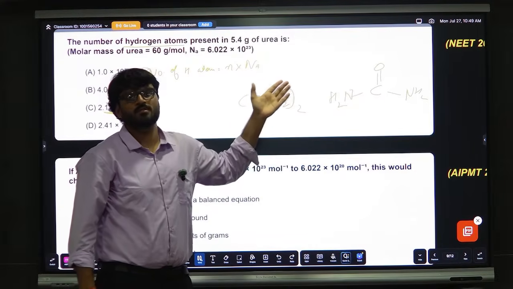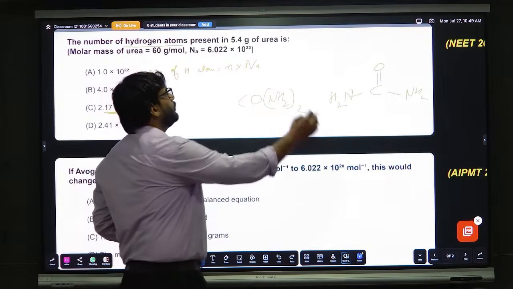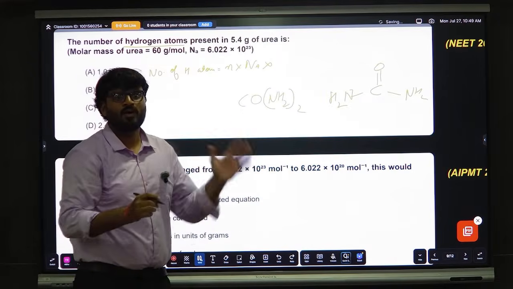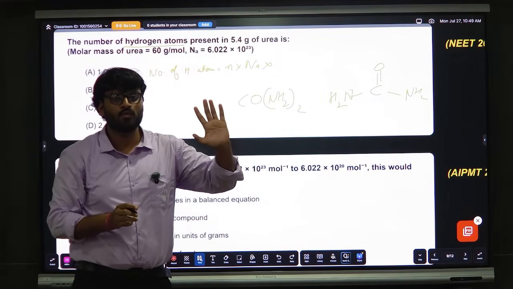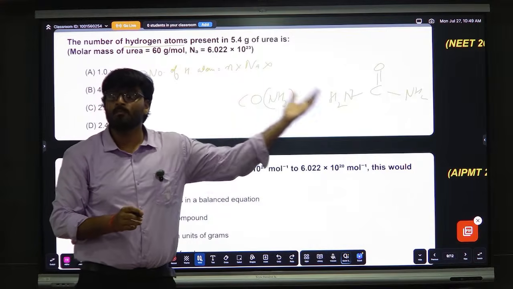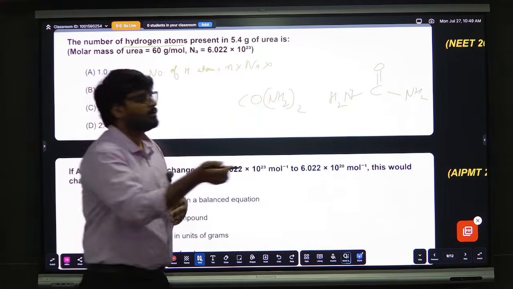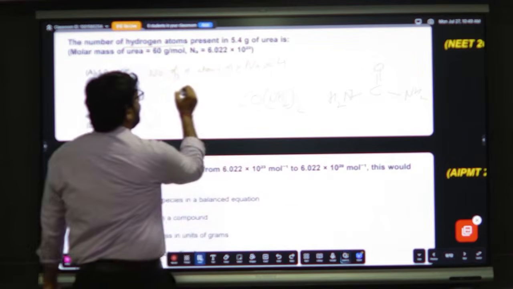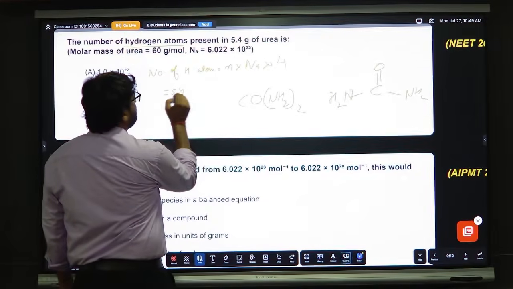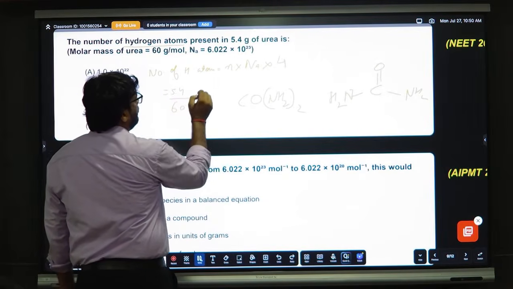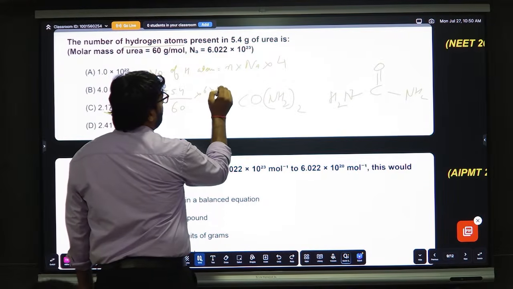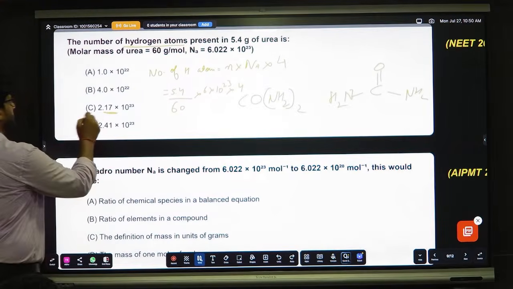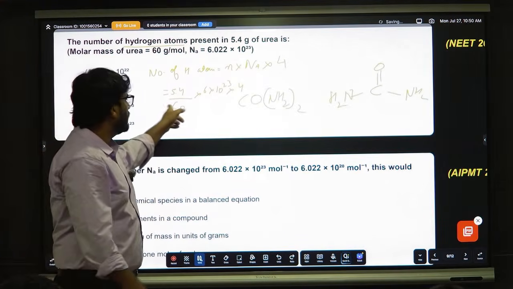Stop discussion. By what number should I multiply? If I have 5 moles of urea, I will have 20 moles of hydrogen because it is 4 times that. So into 4. Simple. Now, given mass is 5.4 grams and molecular weight is 60, multiplied by Avogadro number, multiplied by 4. I think everyone is getting C. Everyone did the same thing, right?